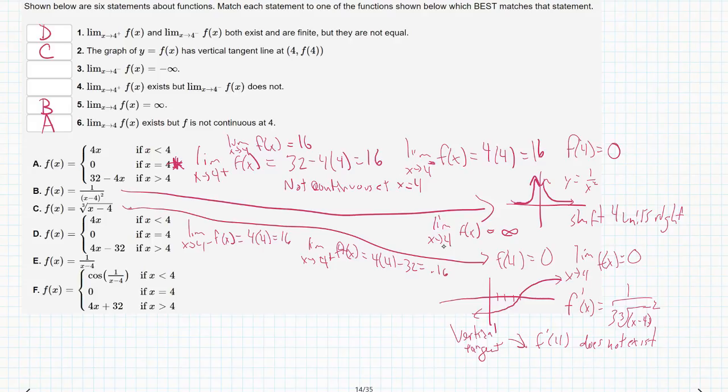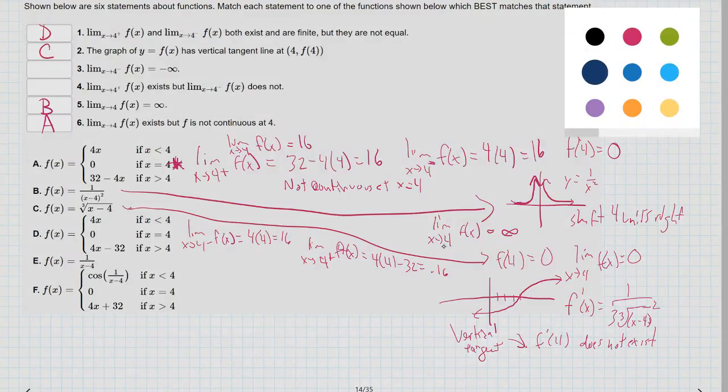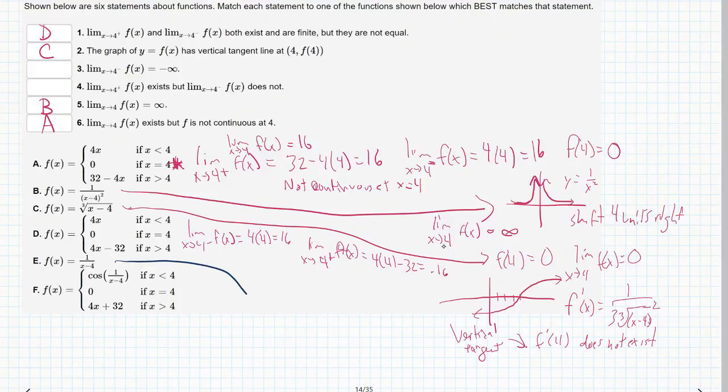Okay, almost done with this. Let me switch colors just to give you an eye line here. What is 1 over x minus 4? Well, that shifts us 1, 2, 3, 4. You know what the graph of 1 over x looks like, so this is basically shifted 4 units to the right. So we have a left-hand limit approaching negative infinity: the limit as x approaches 4 from the left of f of x equals negative infinity.